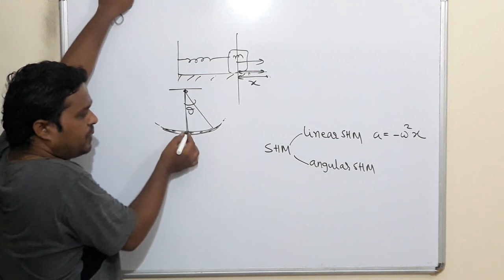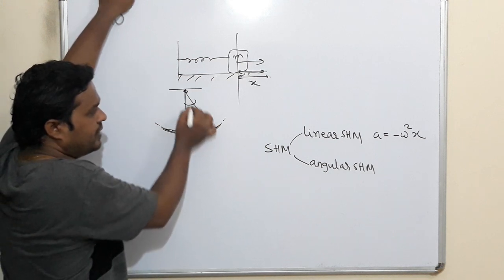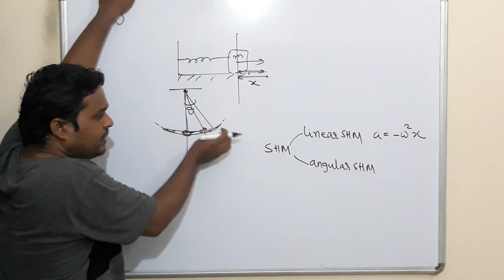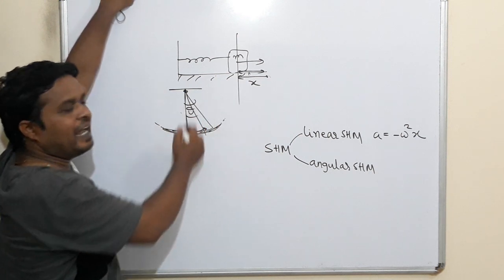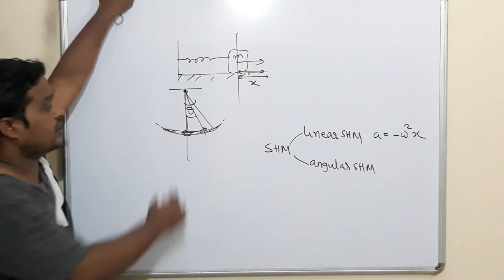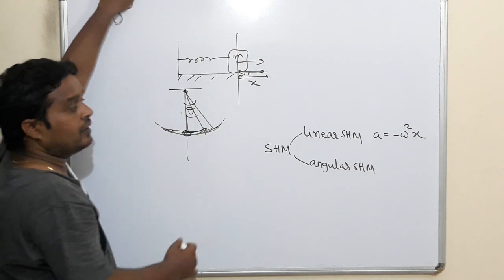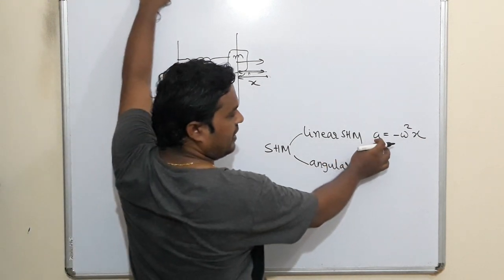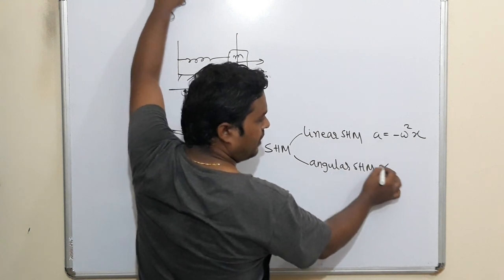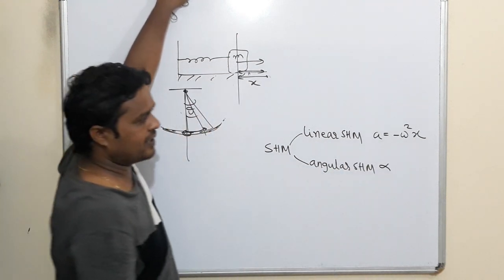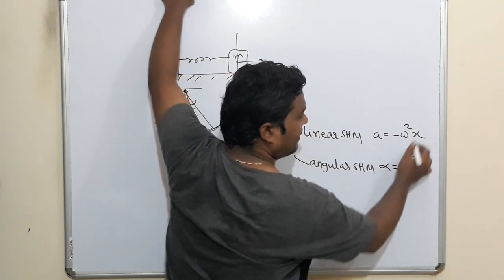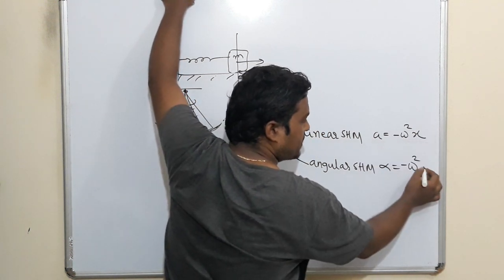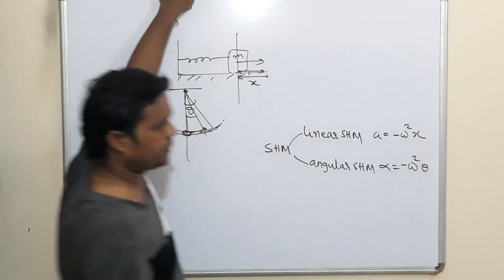Here, if I am displacing this simple pendulum, I am not displacing through a distance x. I am displacing it through some small angle theta. Then instead of linear acceleration, here we will take angular acceleration, which is equal to minus omega square, same omega square, and in place of linear displacement we have angular displacement.